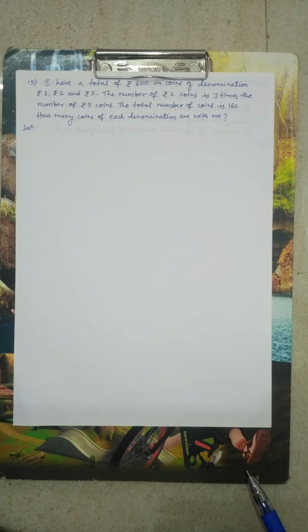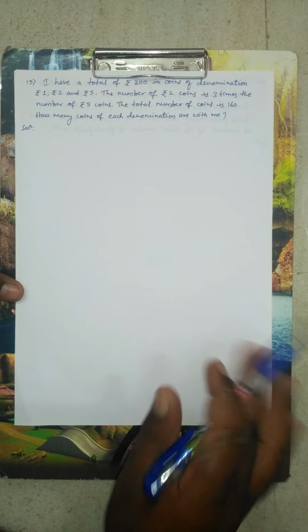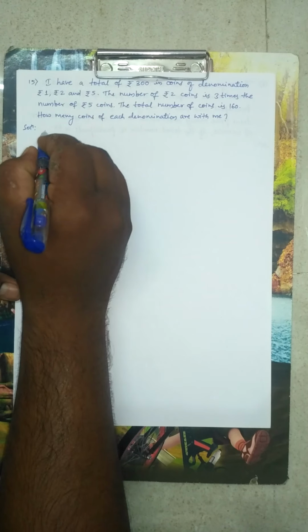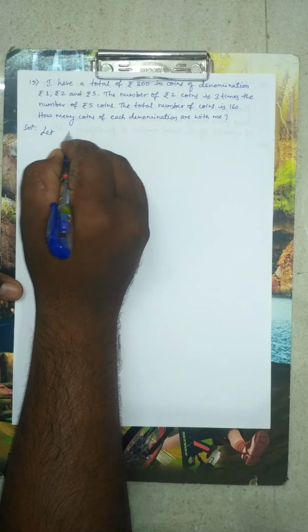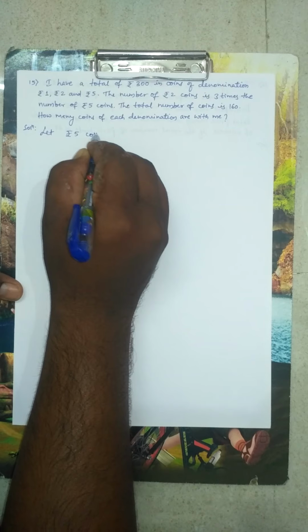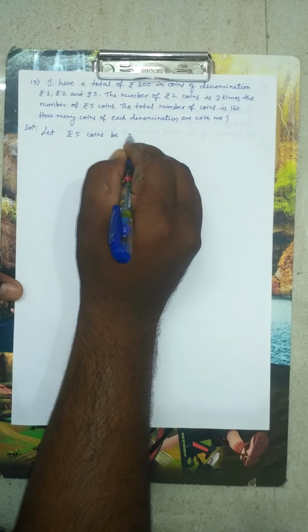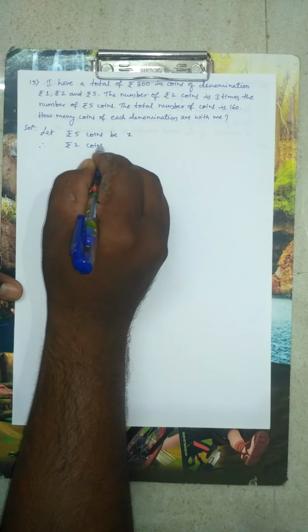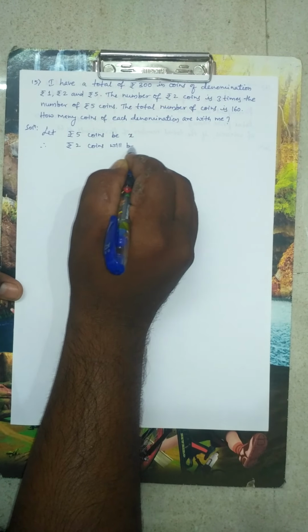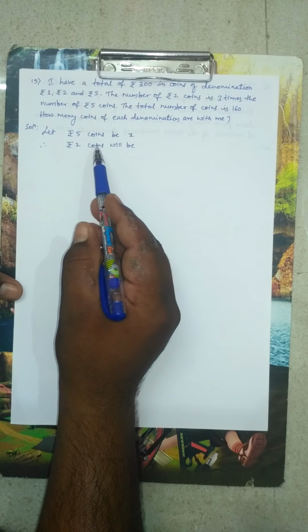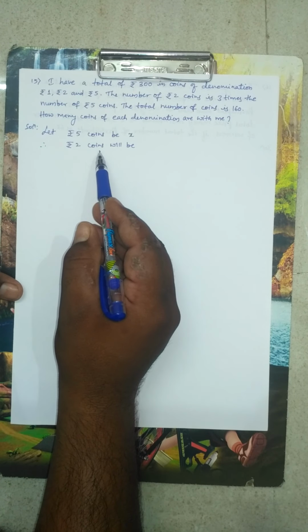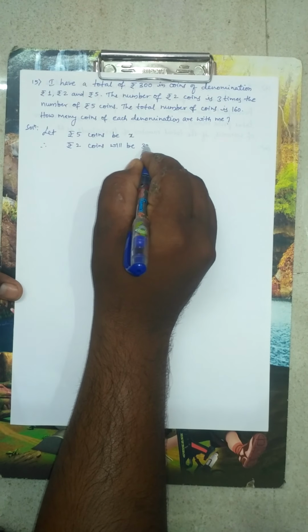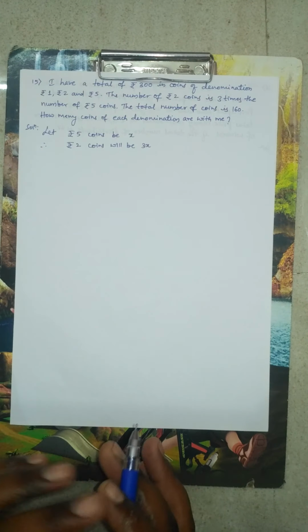So now what do we have to consider? First we have to assume the 5 rupees coins are x. Let the 5 rupees coins be x. Therefore, the 2 rupees coins will be 3 times x, so 3x. The total is 160 coins.